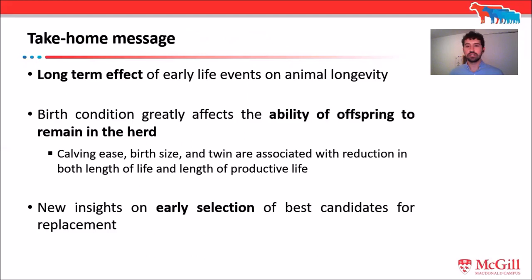We also identified that the birth conditions greatly affect the ability of the offspring to remain in the herd, namely the 3 birth conditions that we evaluated in this study: calving ease, birth size, and twin. And our study also provides new insights into early selection of the best candidates for replacement into a herd.